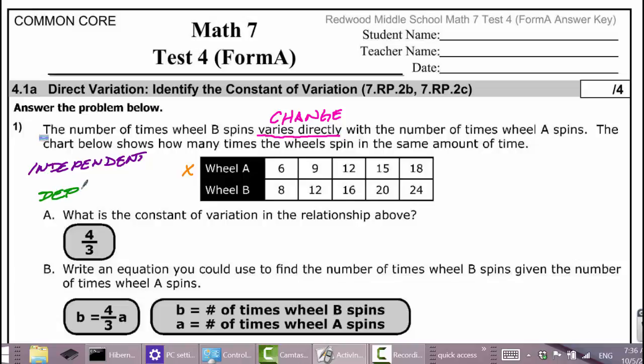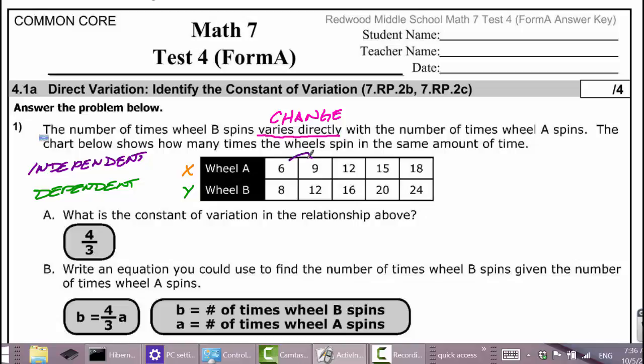It depends. Trouble with my handwriting here. Let's see if we can fix that. It depends on what A does. So let's take a look at the change in these.